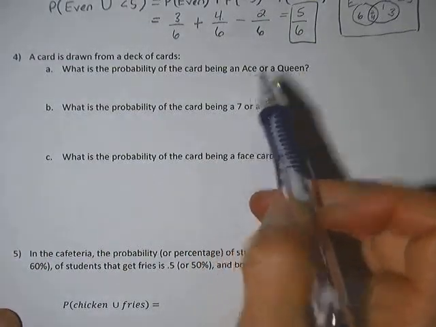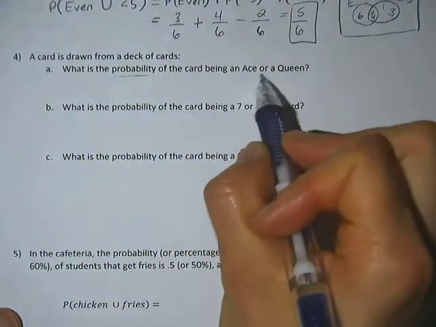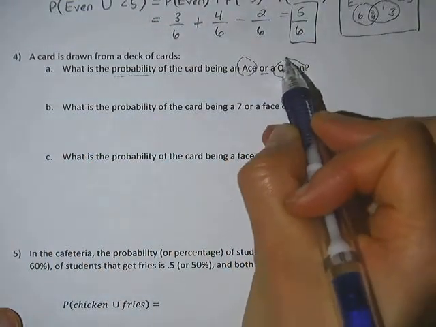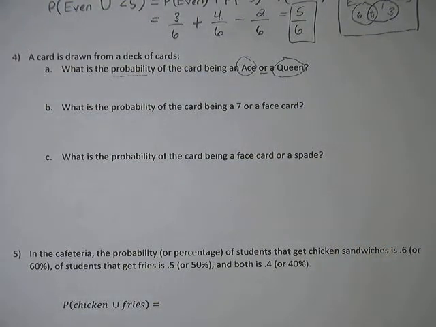Okay. Well, it is one of these problems because it's saying what's the probability of this or this happening. So just like the other ones, you're going to think to yourself, can they happen at the same time or not? So if I pull out a card, is there a chance where it could be both an ace and a queen? Like, are there aces that are queens in a deck? Which is a really strange question.